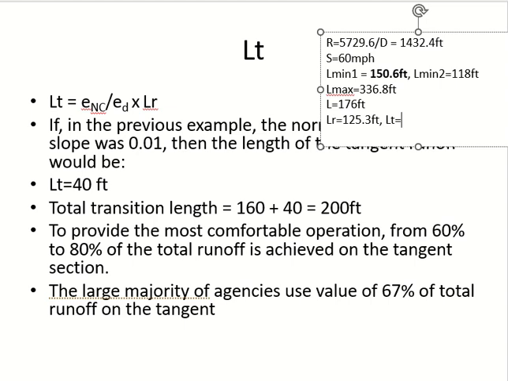Yes, 0.01 or 0.047 into 125.3. How much? 26 point.